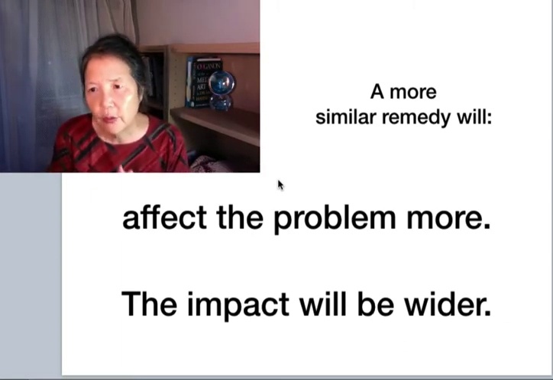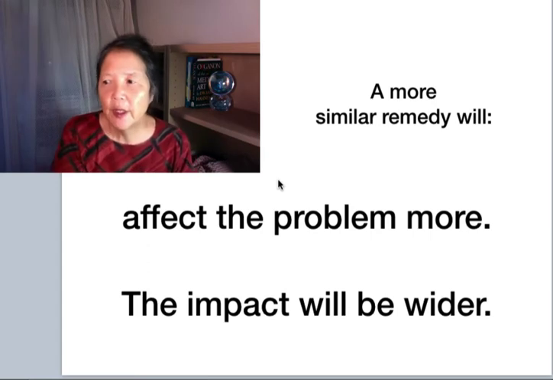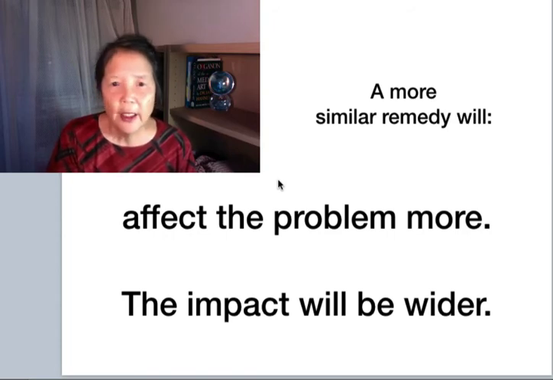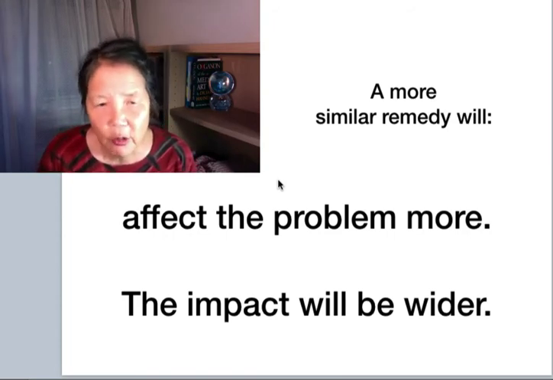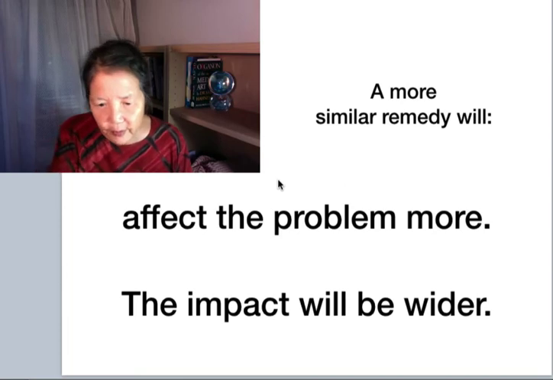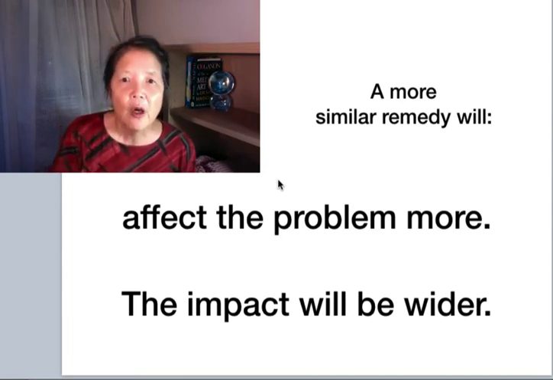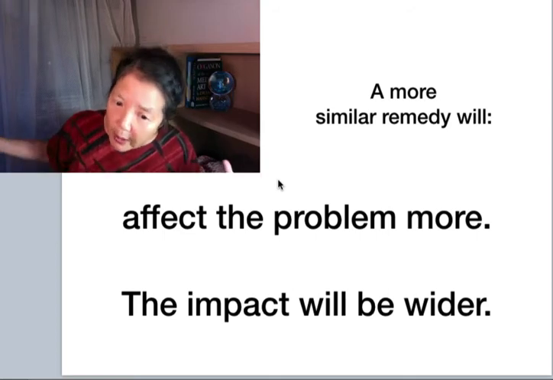I mean, if I jam my finger in the car door and I need hypericum, well, just take it really often, and any kind of injury to those small nerves will be helped by hypericum. You don't need a wide impact.